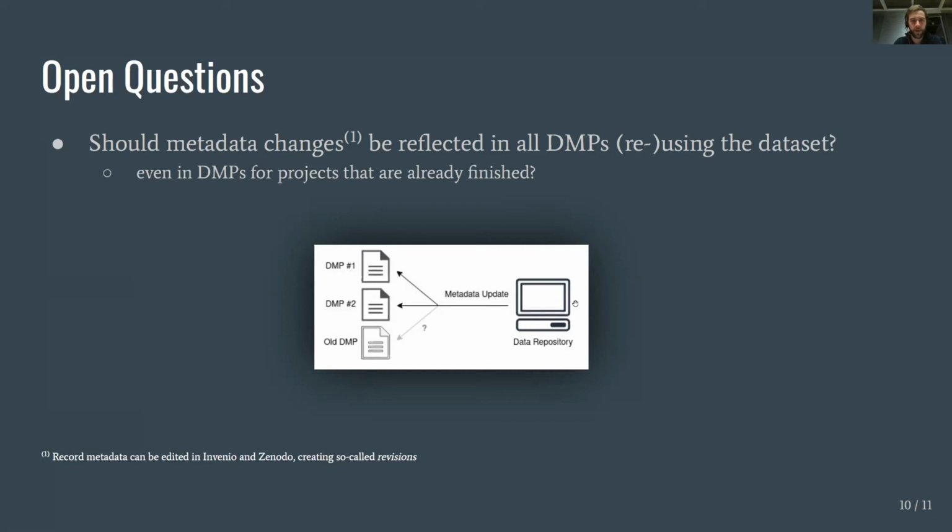For example, whenever the data repository sends updates regarding datasets, should these changes be reflected in all of the DMPs using this dataset, or should only some of the DMPs reflect this change? For example, we might want to include DMPs for research projects that are already finished years ago. So yeah, we still have to figure that out.